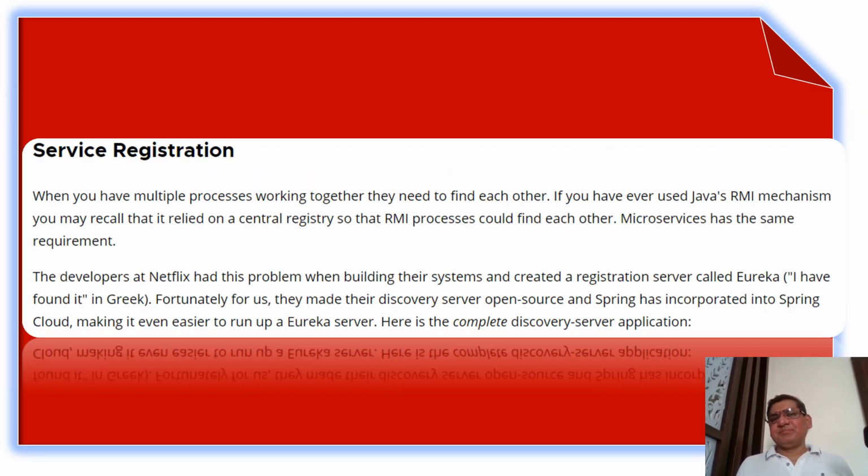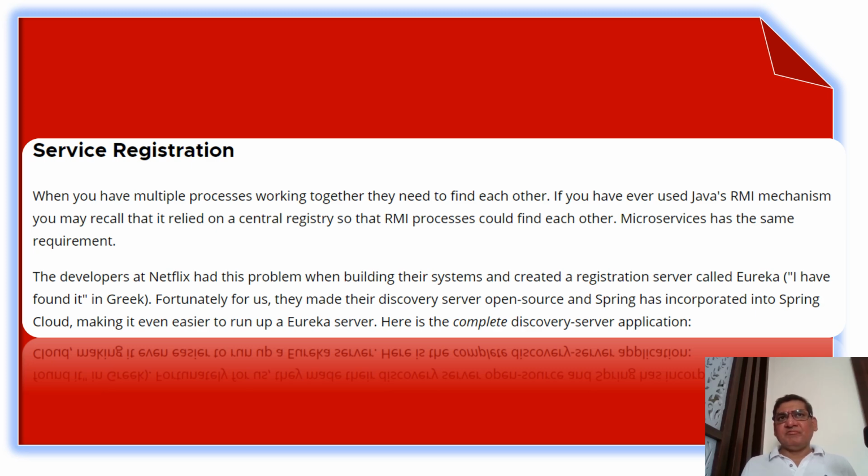About service registration: we know RMI, right? RMI, Remote Method Invocation. While working with RMI, it picks each instance from the service registry. Microservices have the same requirement, the same mechanism to pick the instances.